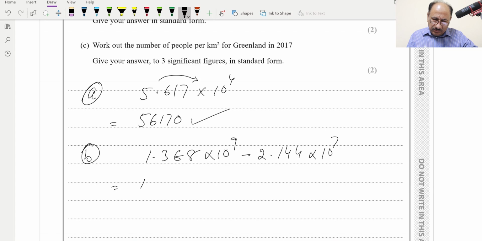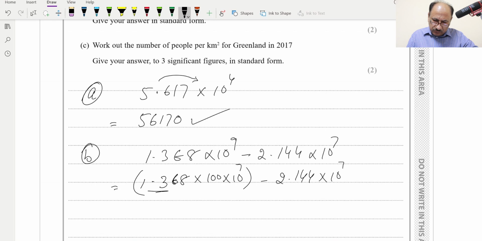So we can rewrite this 10 raised to the power 9 as 1.368 × 100 × 10 raised to the power 7. So this 10 raised to the power 9 we have divided into these two portions. Now this will be the modified form, and I will put brackets, minus 2.144 × 10 raised to the power 7.